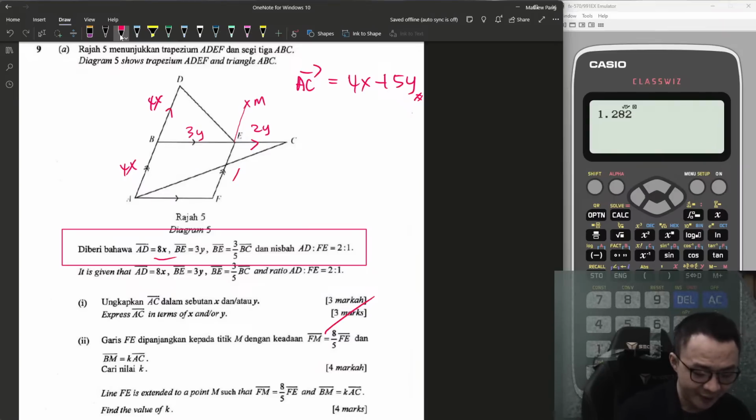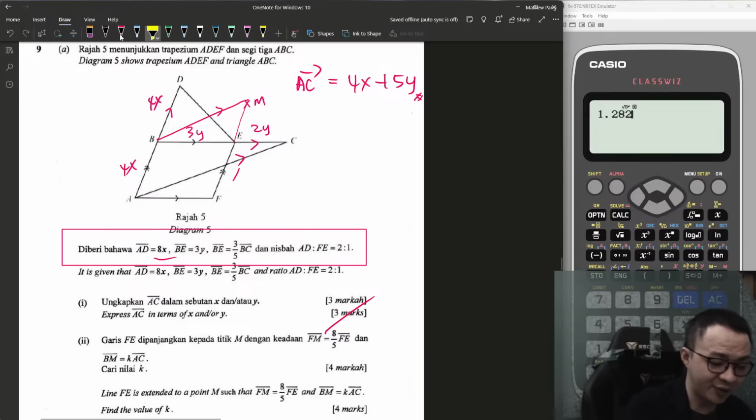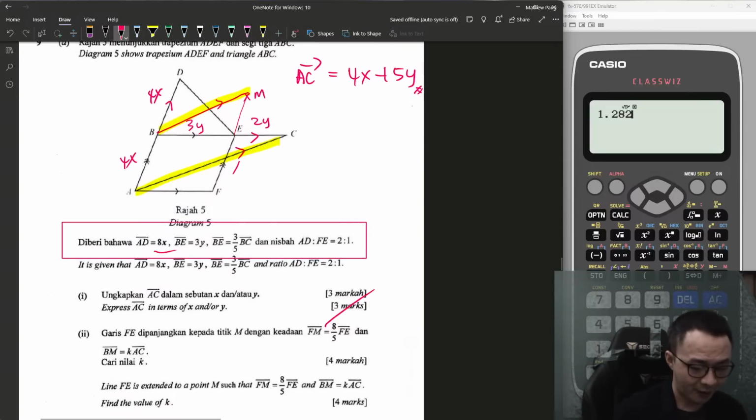Then BM is kAC. So it's sort of a parallel thing, isn't it? So basically they say this one is parallel to AC. You should be able to see that it seems like they're parallel, isn't it? Okay, so 5k.